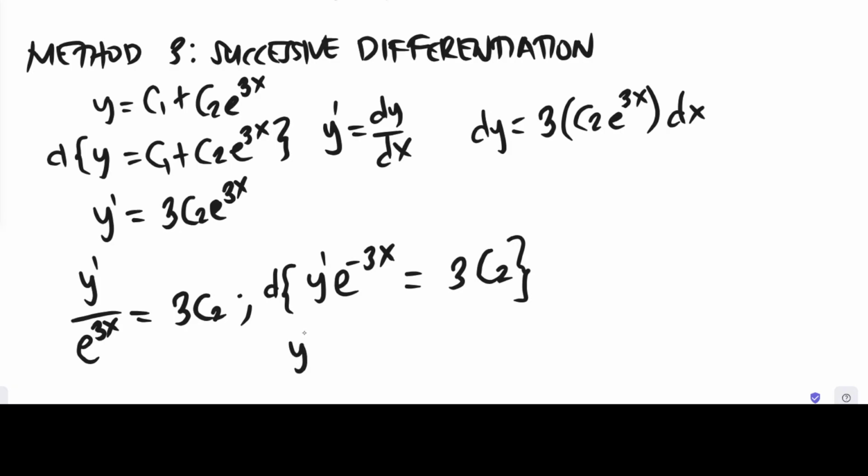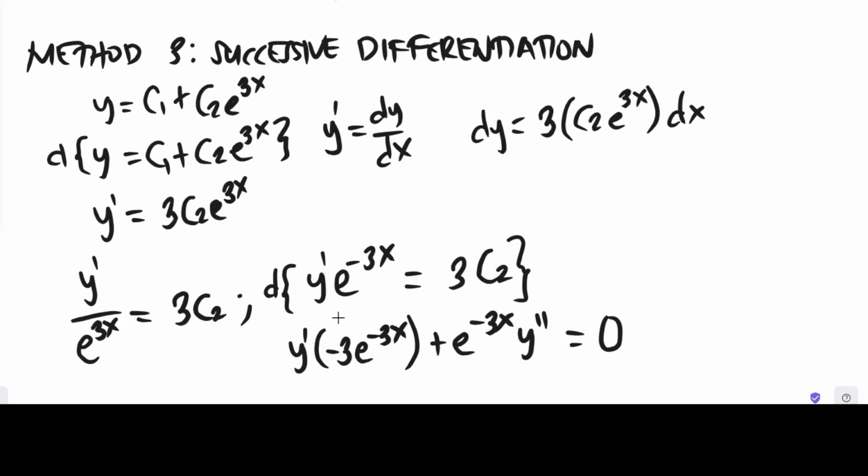So y prime times the derivative of e raised to negative 3x, which is negative 3 e raised to negative 3x, plus V dU. So V is e raised to negative 3x, then the derivative of y prime will be y double prime. Then the derivative of 3c2, which is a constant, will be equal to 0.